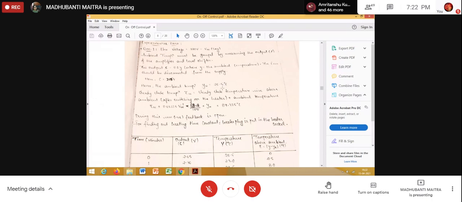So we have calculated the ambient temperature, and next, using that particular formula, we have calculated the steady state, not actually steady state, 63.2% of the steady state value of the temperature, and that is above ambient.